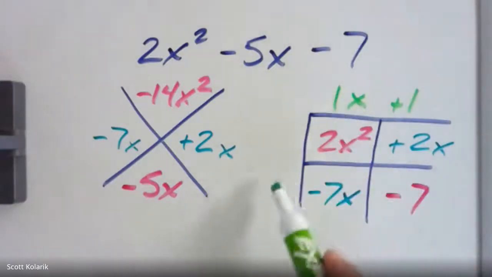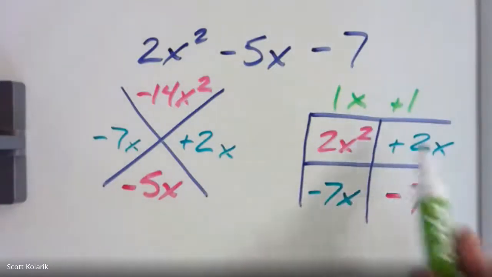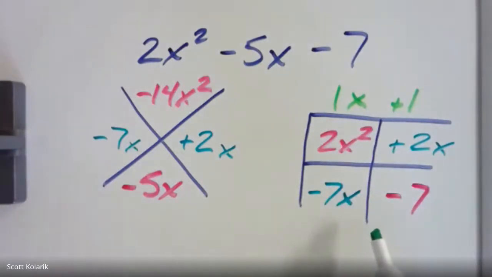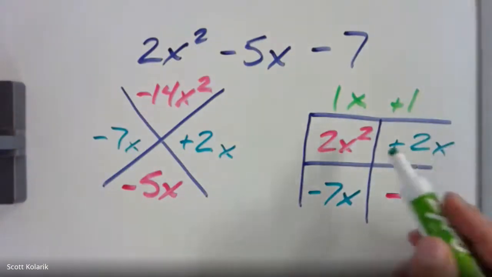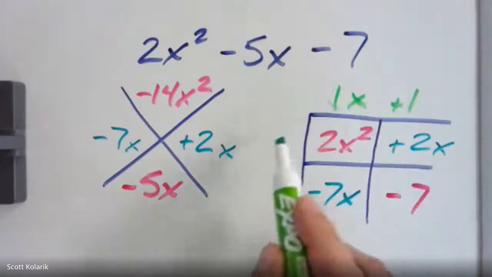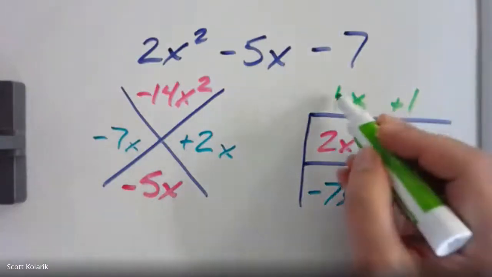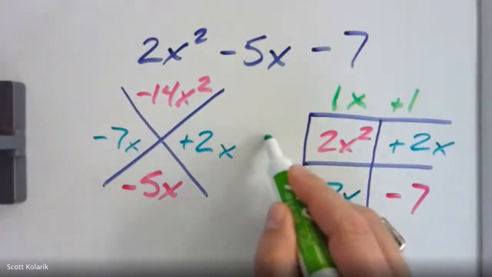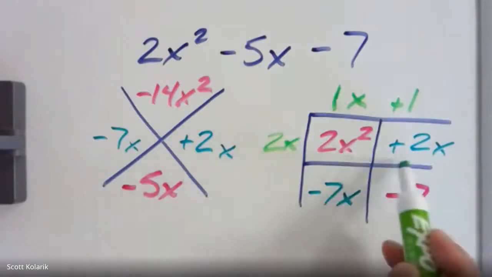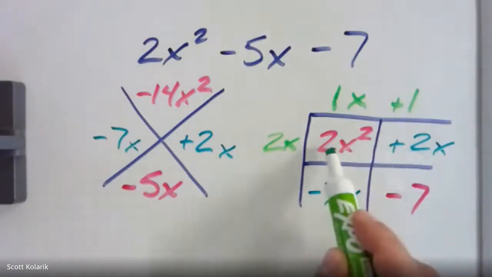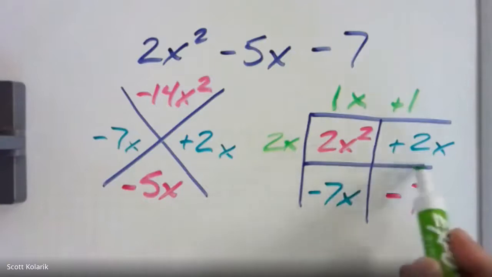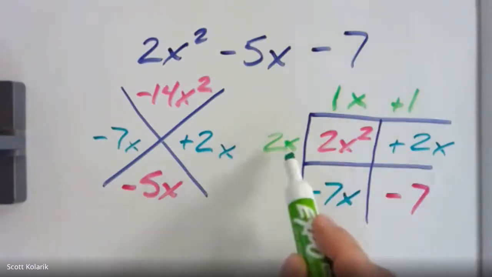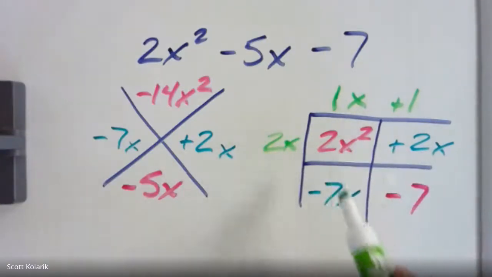Whatever's on the outside multiplies together to give me the inside, like filling in those multiplication charts you had in middle school. So here, 1x times something gives me 2x squared. That something would be positive 2x. Another way you could have attacked that would have been my common number here. They both have a 2 in common, and they both also have an x in common. So 2x is the common factor in that row. In this row, a little more plainly to see, you can see that they both have a negative 7.